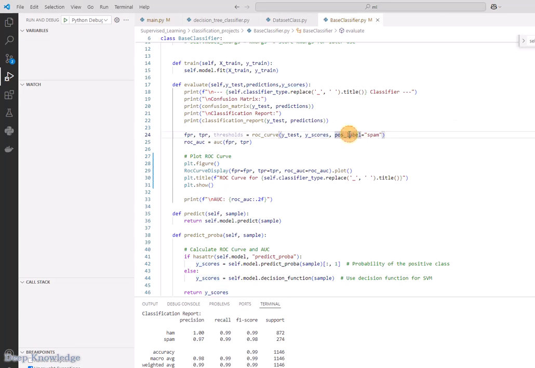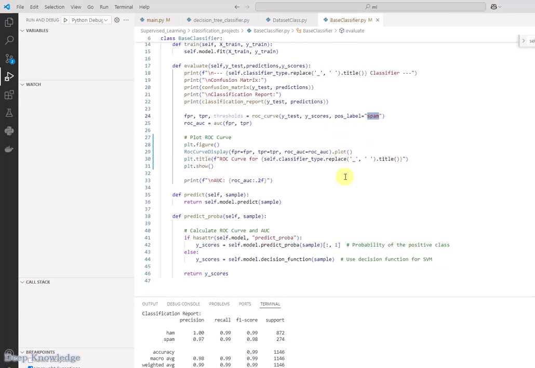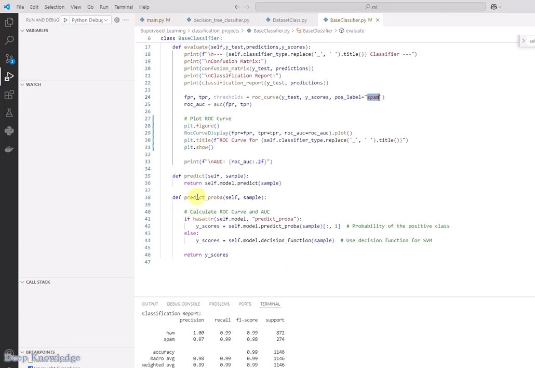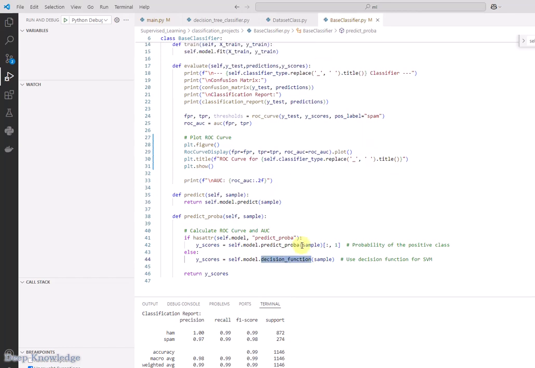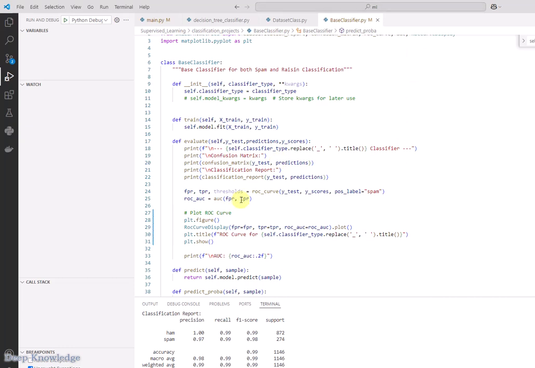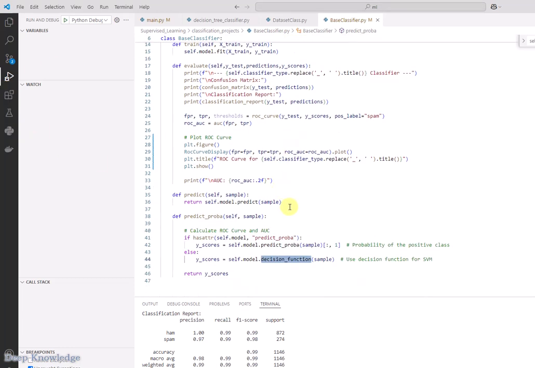And here I have the positive class as spam. It depends on your case, as I said at the beginning of this video, you can choose whatever label is important for you. And as you can see here, for instance, predict probability. The model can predict the probability, and for the support vector machine, a decision function is used. But I will cover the whole code in the next lesson.